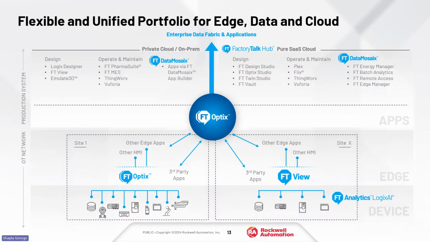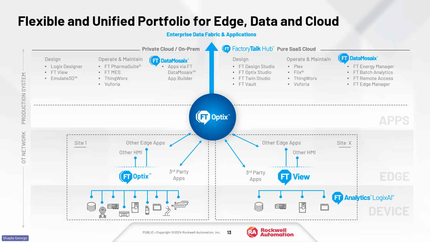From an enterprise standpoint, we talk about FactoryTalk Optix and the different options and capabilities that it allows. But here, this is just a graphical representation. When you're talking about machine to machine communication or communicating to third party apps or HMIs, this is how you can use Optix.